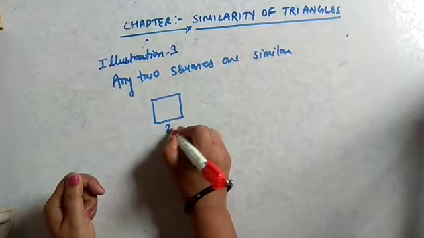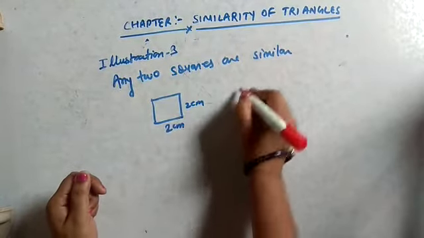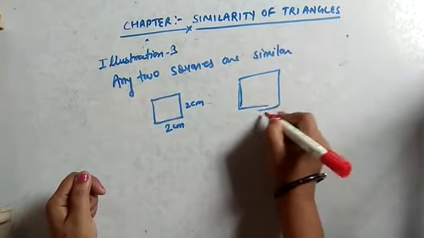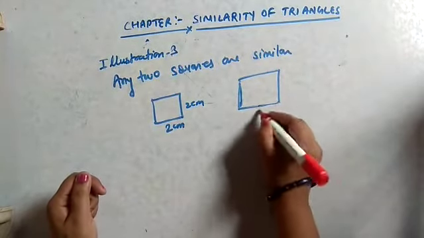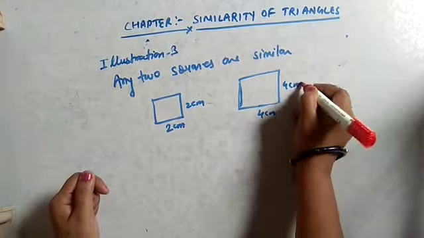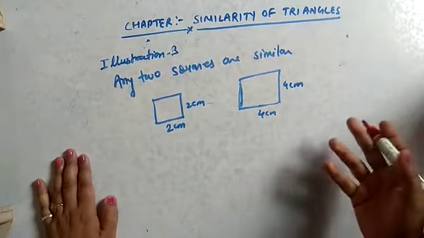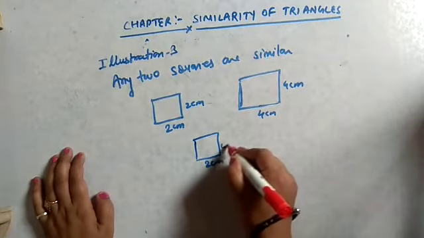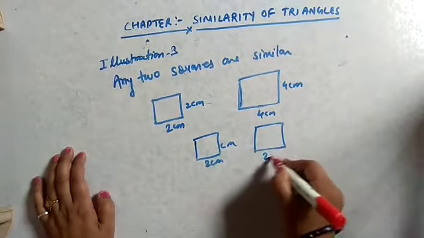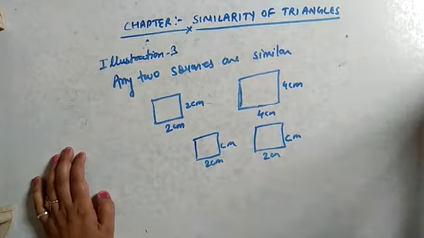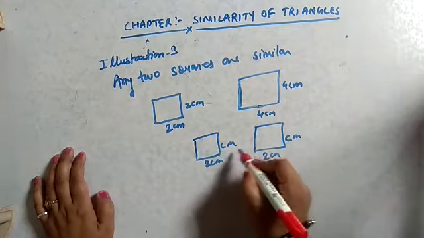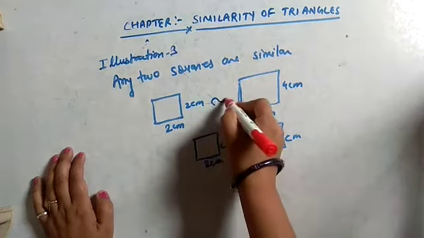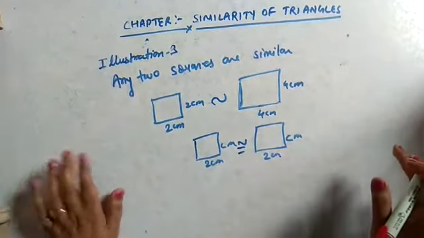If I am taking a square with 2 centimeter side and one square with 4 centimeter side, they are similar to each other. But if we want to tell them congruent, then their sides should be equal. If I am taking two squares with the same side, then only they are congruent. So these two squares are congruent, but the others are only similar to each other.